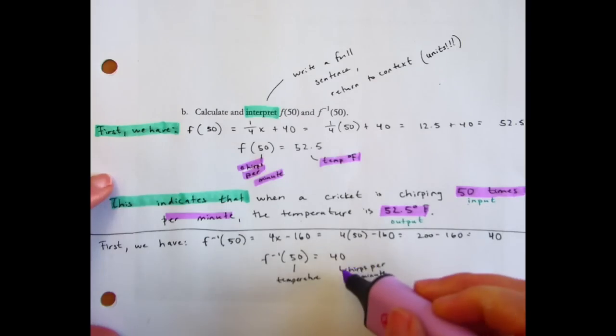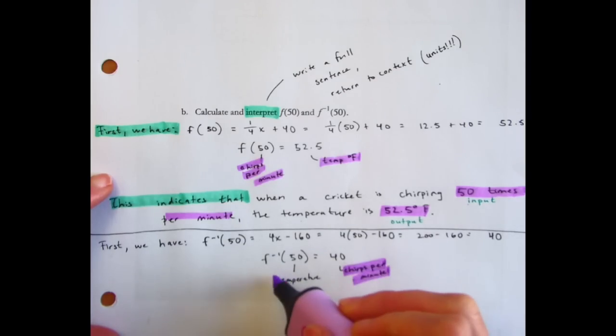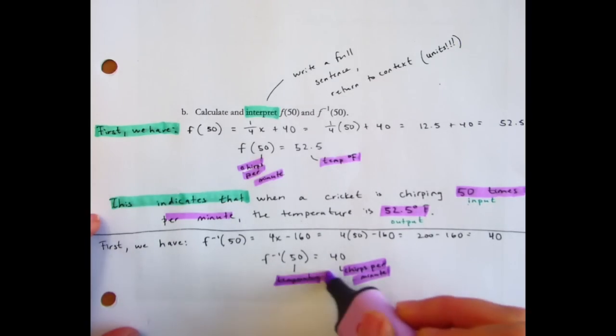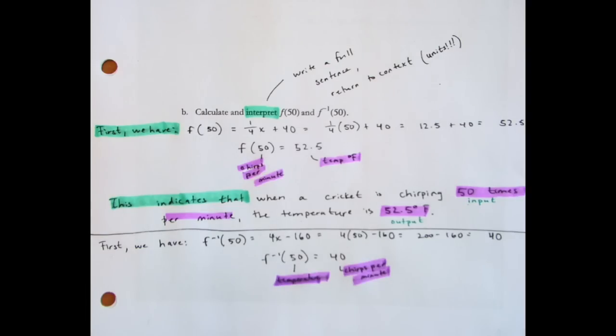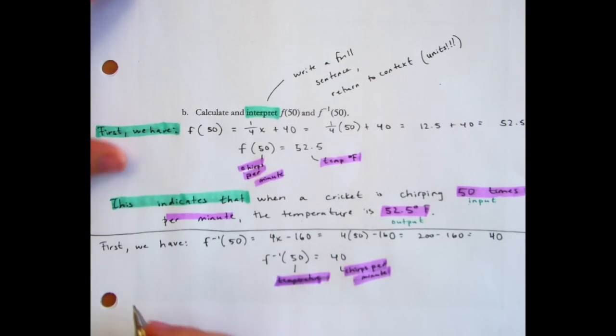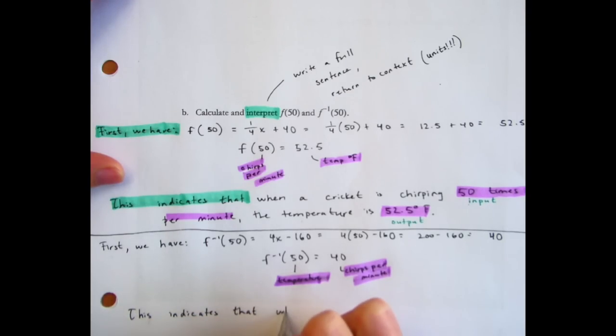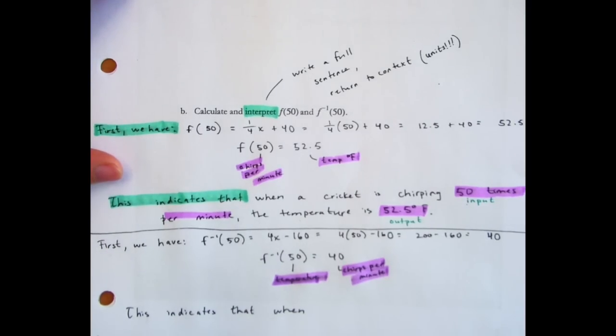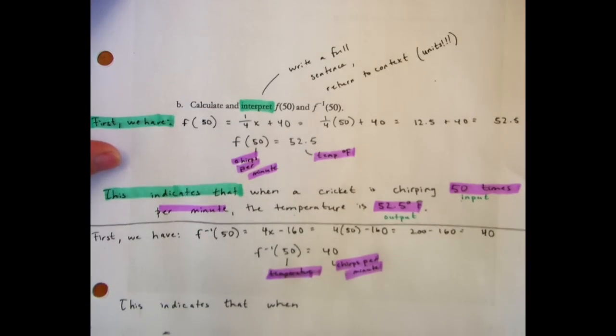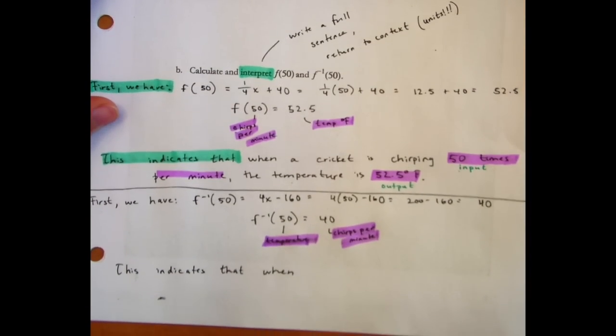Okay, so I just have to now follow the same sentence structure. So I'm going to say this indicates that when, okay, so let me think for a second. I remember in this sentence structure, the input comes first. So now this time my input is temperature.